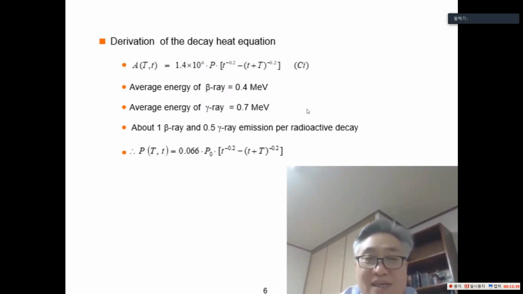From the activity, in order to calculate the heat, we have to put average energy of beta ray and average energy of gamma ray. So we insert this expression to the above equation, and we get the following 0.066.